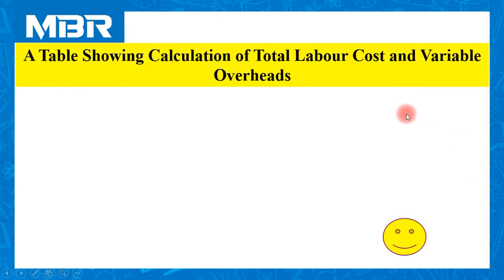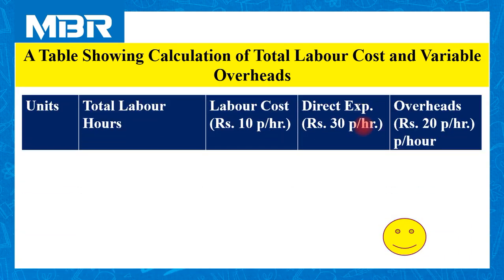A table showing calculation of total labor cost, other direct expenditure, and variable overheads. Because in this question, labor cost is given as rupees 10 per hour, direct expenses are given as rupees 30 per hour and overheads are given as rupees 20 per hour.